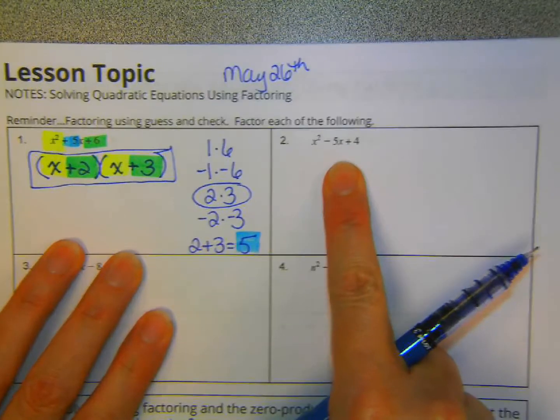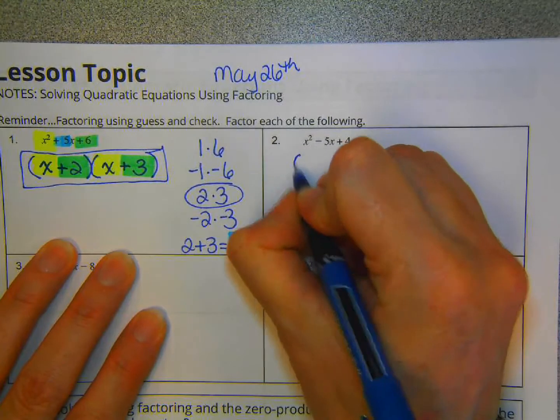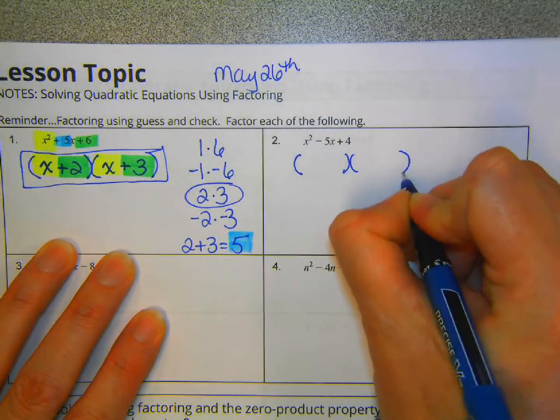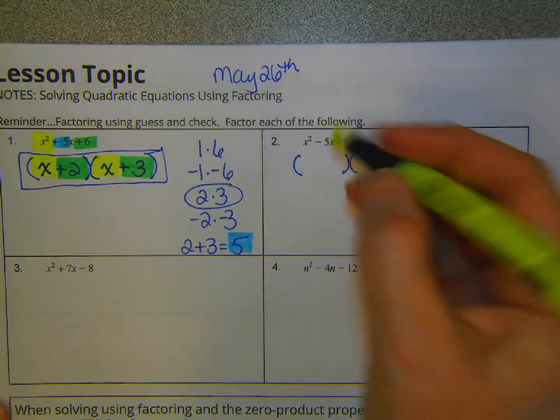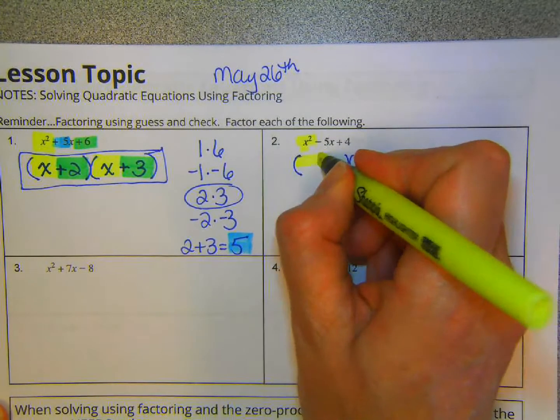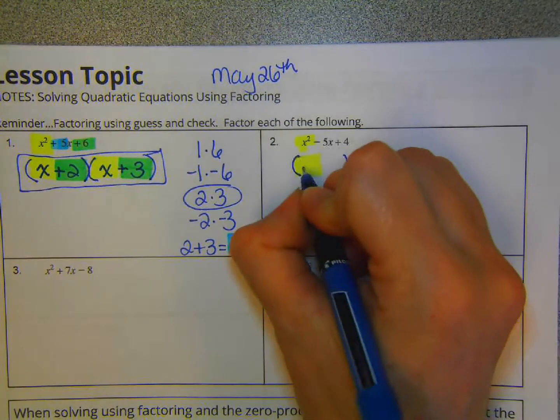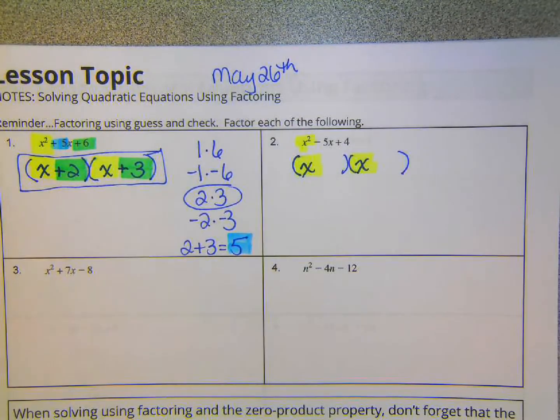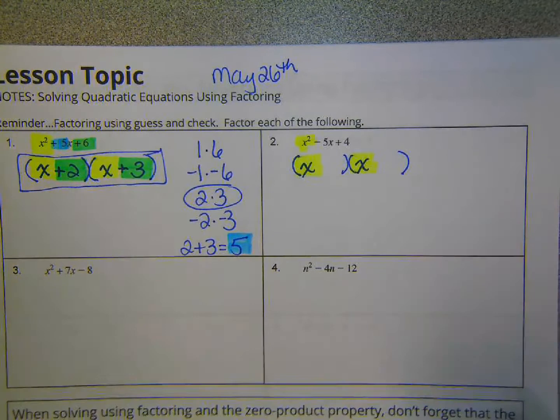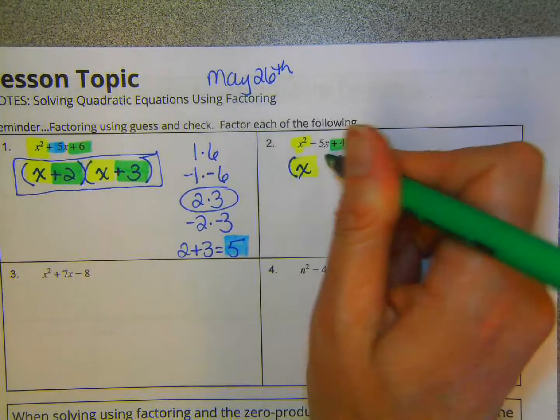Next one, right here. Again, we want to factor this into a binomial times a binomial. And how do we get x squared? What times what gives us x squared? And that would be x times x. And what times what gives us positive 4?